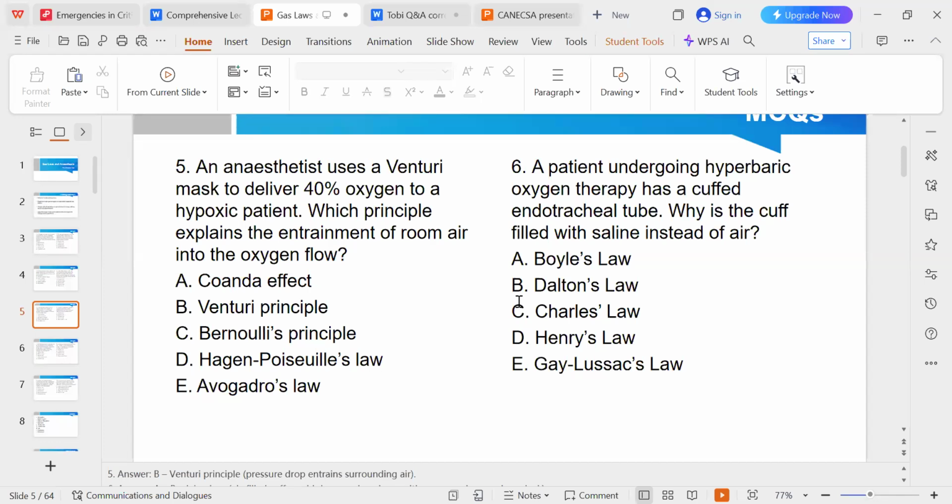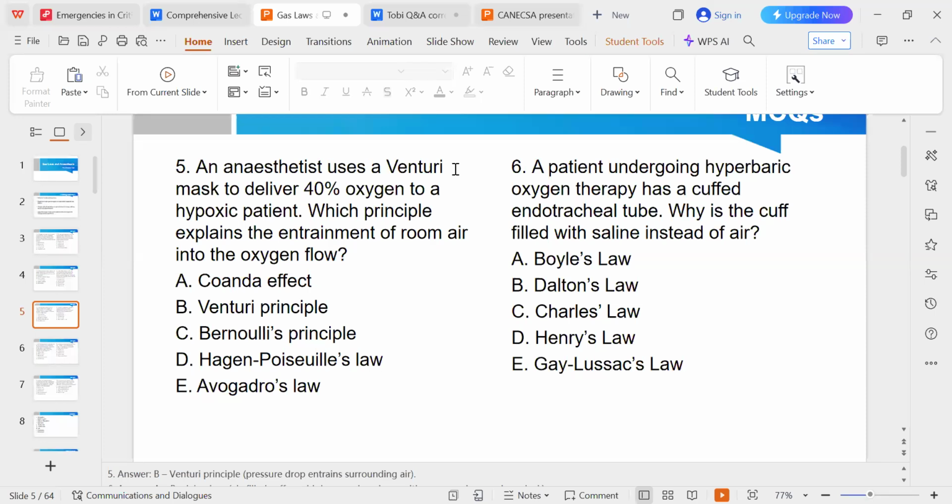Abdulhamid, are you trying to say something? Okay. We'll get to see it as we go on. What I know about Venturi principle is that it depends on the aperture in the Venturi that is being used.